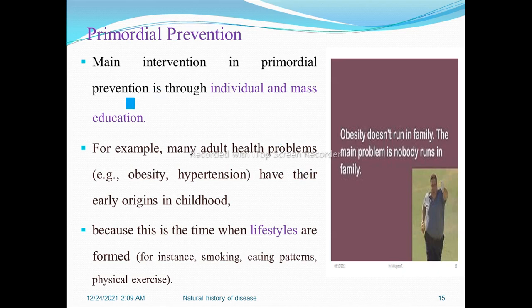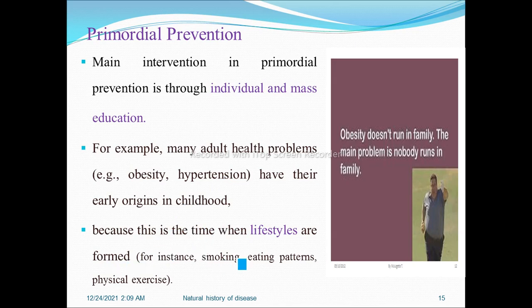The main intervention in primordial prevention is through individual or mass education. By the way, education is considered primordial prevention because it prevents risk factors before they happen. For example, many adult health problems have their early origins in childhood, like obesity and hypertension, because this is a time when lifestyles are formed.